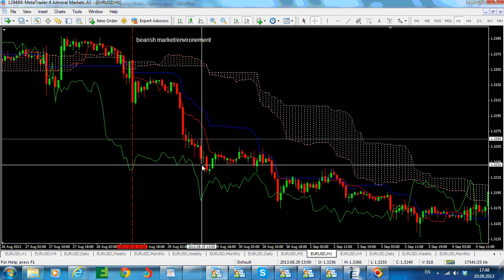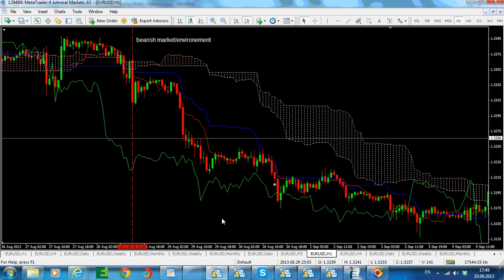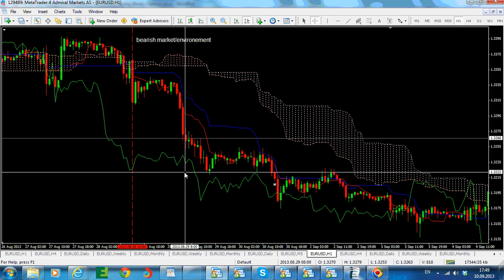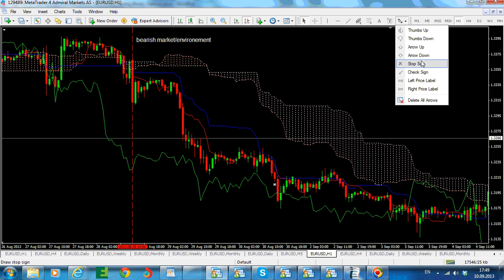So from this moment of time, projecting 26 candles, and here would be the expiration date. So let's say that this here would be the expiration date, and the actual moment of buying puts would be this, 26 candles in front of this price. So that would be our moment to buy puts.